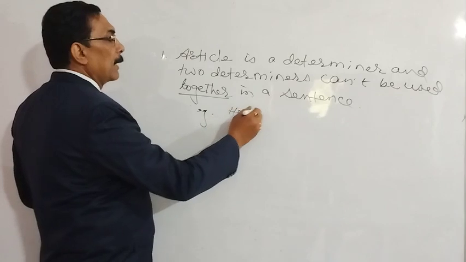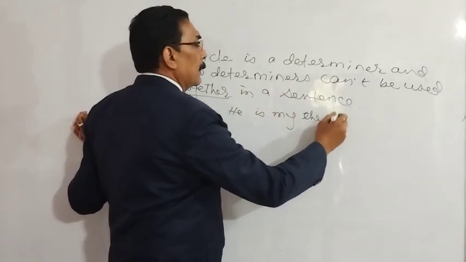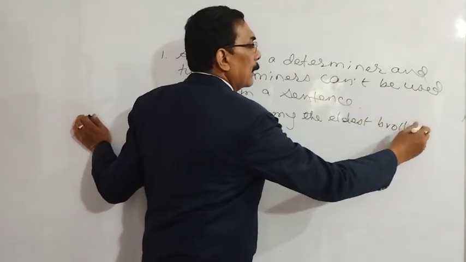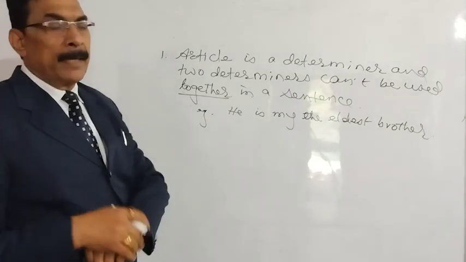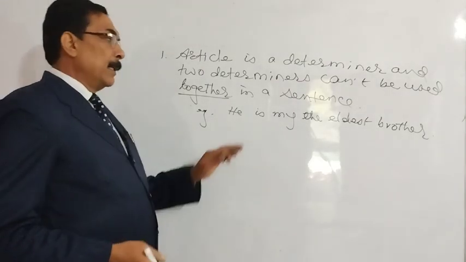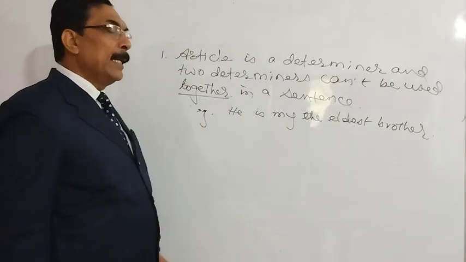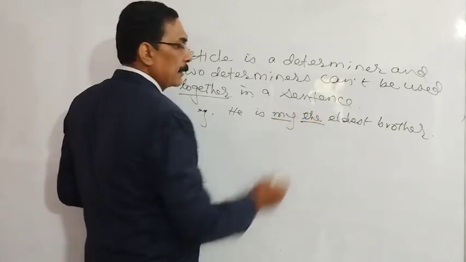Example, he is the eldest brother. So for making this clear, I have brought this chapter for you. He is the eldest brother. This sentence is wrong because we are having double determiners.